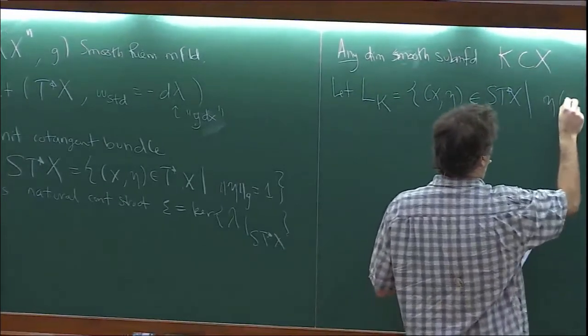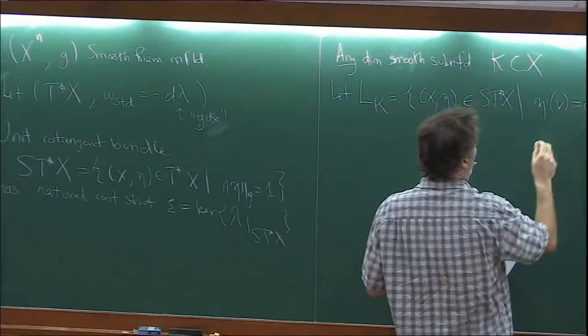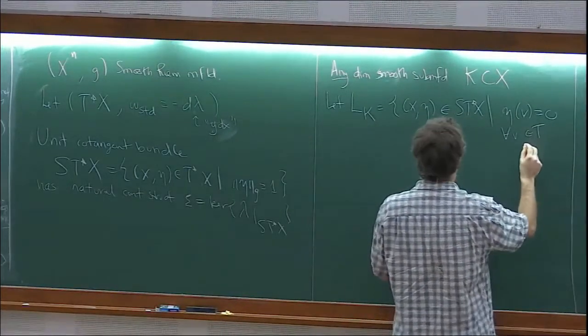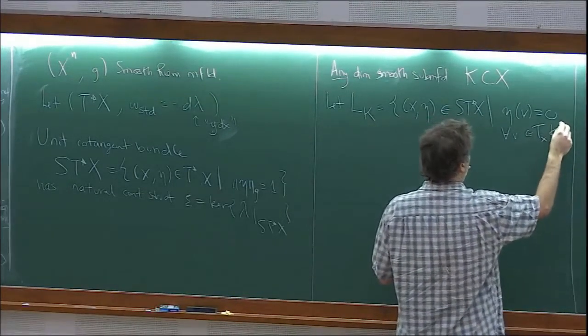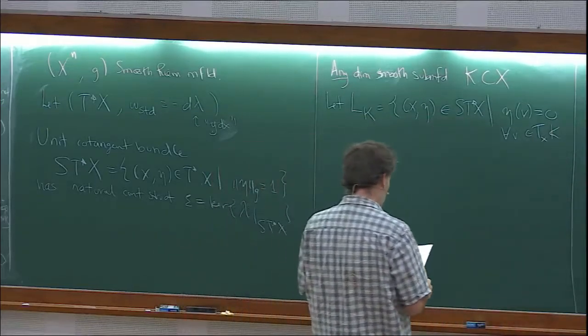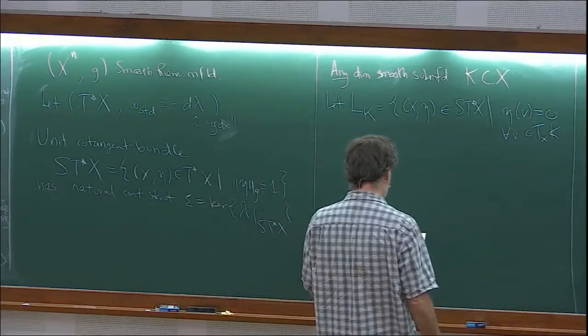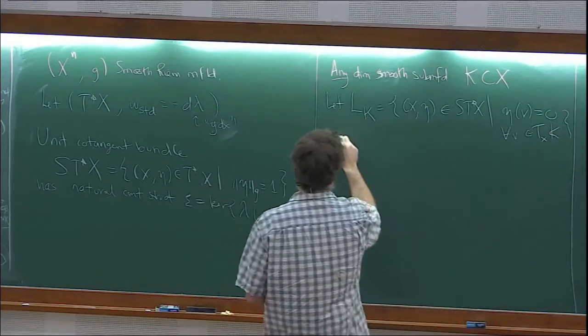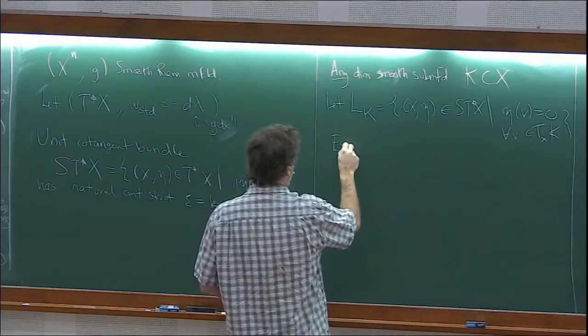So this is eta of v equals 0 for all v in the tangent space of K. Okay. So you can check, maybe we can make this an exercise.